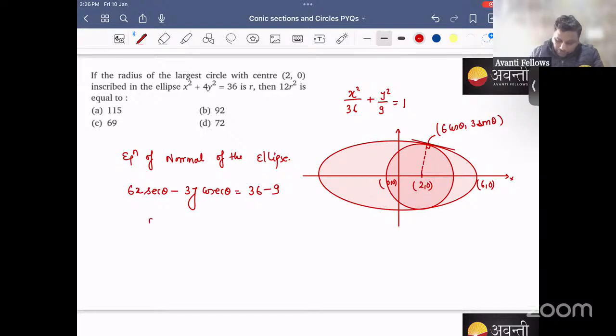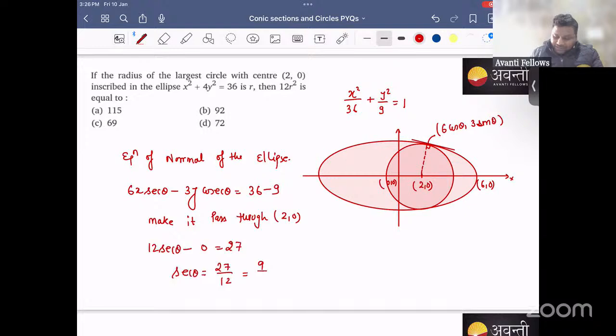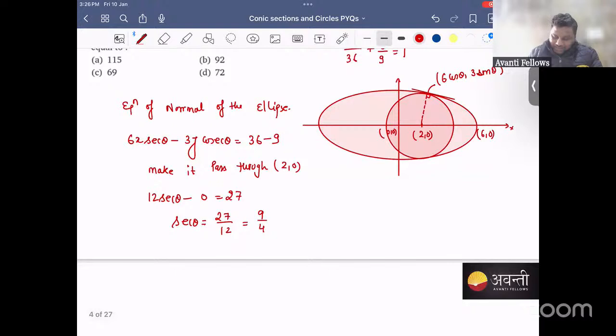Now you want this line to be normal of the circle also, yes or no? So make it pass through (2, 0). So I get 12 sec θ − 0 = 36 − 9 = 27. So your sec θ is 27/12, and canceling by 3, it is 9/4. So your cos θ is 4/9.